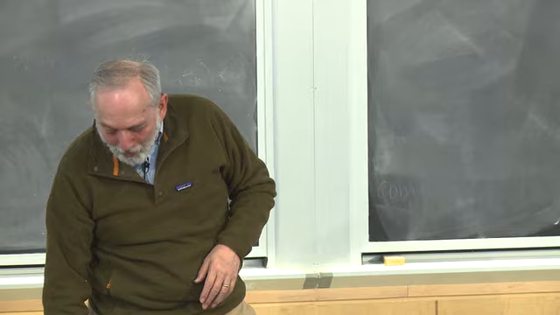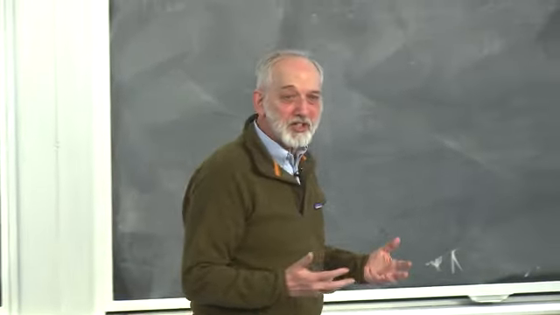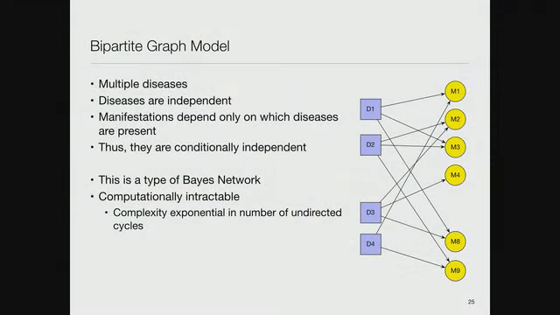All right. Well, what happens if we can't assume that there's just a single disease underlying the person's problems? If there are multiple diseases, we can build this kind of bipartite model that says we have a list of diseases and we have a list of manifestations, and some subset of the diseases can cause some subset of the symptoms, of the manifestations.